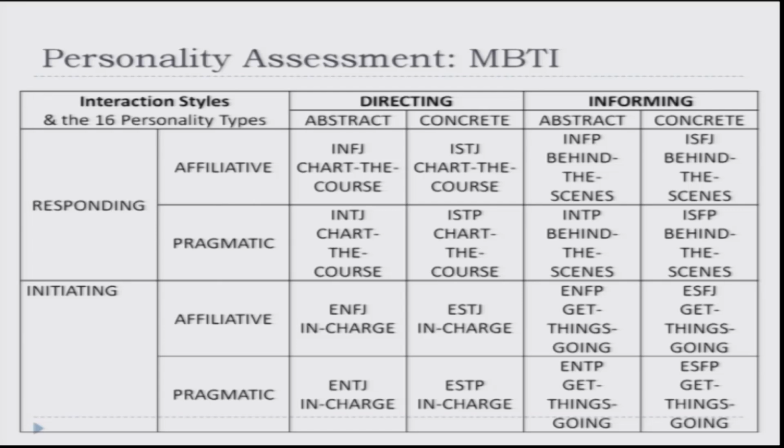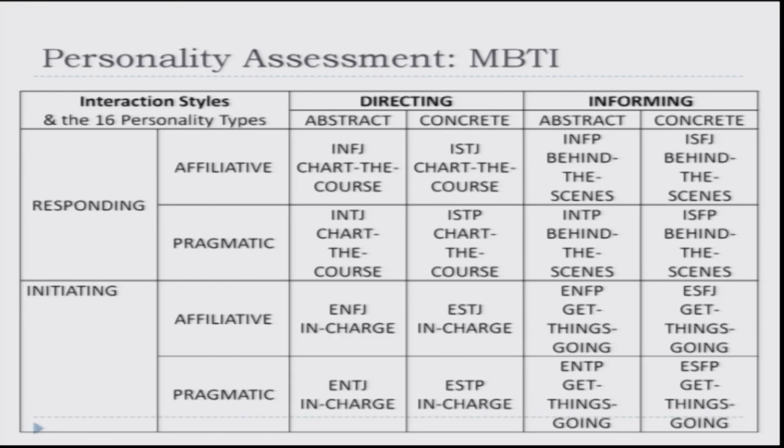And then you can also look at the interaction style based on their MBTI scores. Once again, you have responding type and initiating type. Again affiliative and pragmatic, the same thing, directing and informing, and here you have abstract and concrete types. So, again you have the combinations. INFJ: responding, affiliative, directing, abstract; responding, affiliative, directing, concrete; responding, pragmatic, directing, abstract; and responding, pragmatic, directing, concrete.